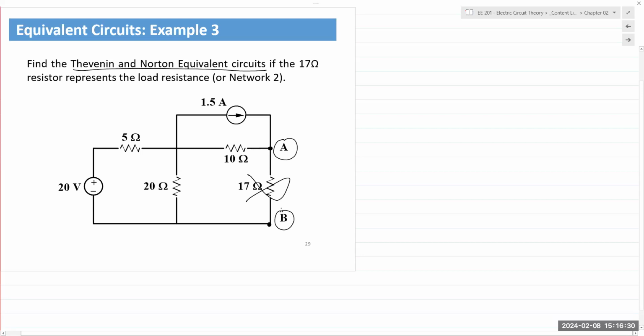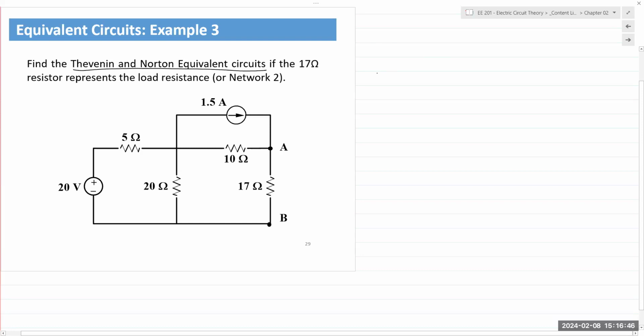So what I'm going to do is draw out the circuit without the 17 ohm resistor and just extend terminals A and B to give you a better idea of how to set up this circuit. So let's see.